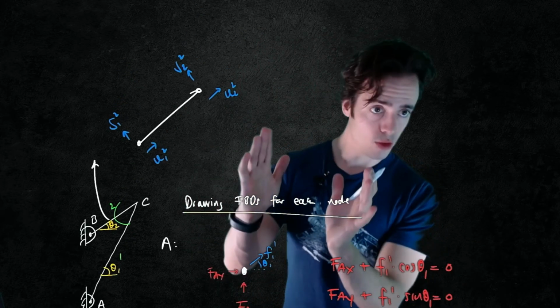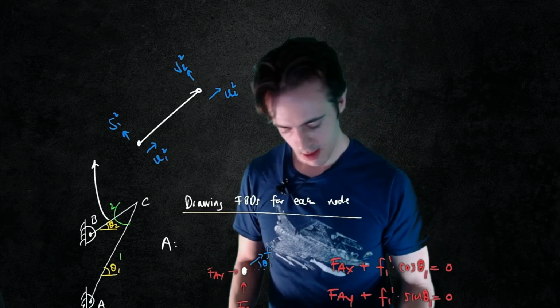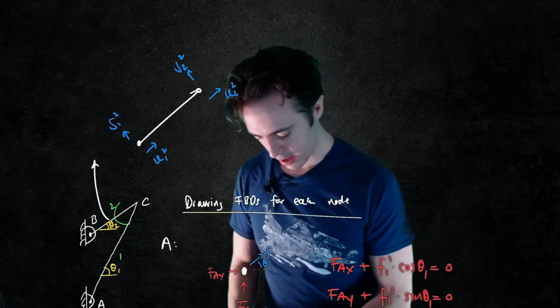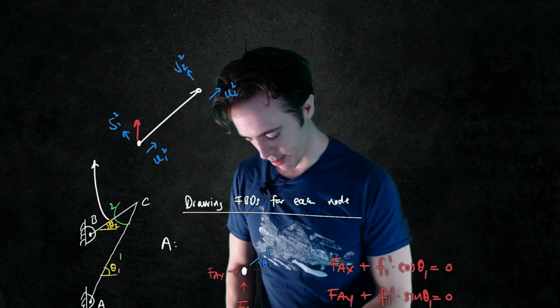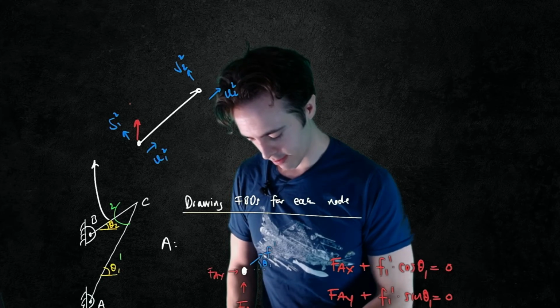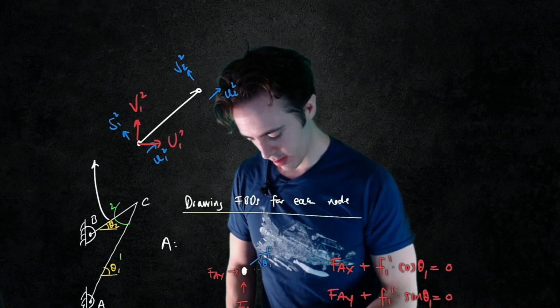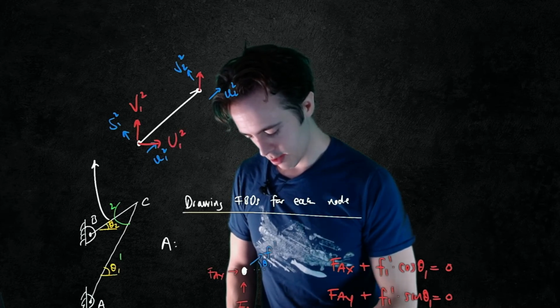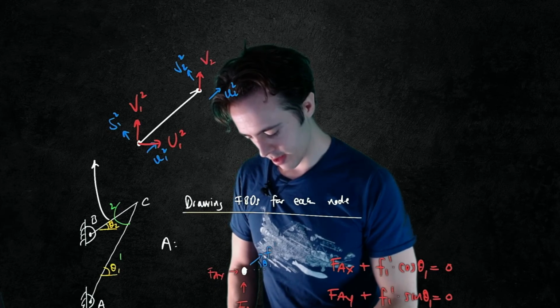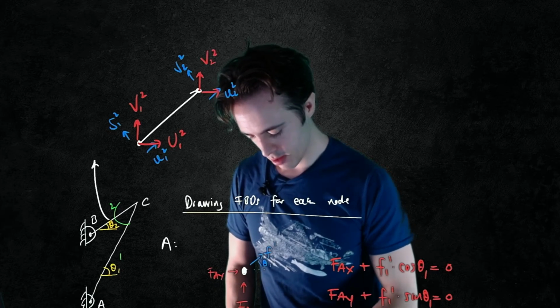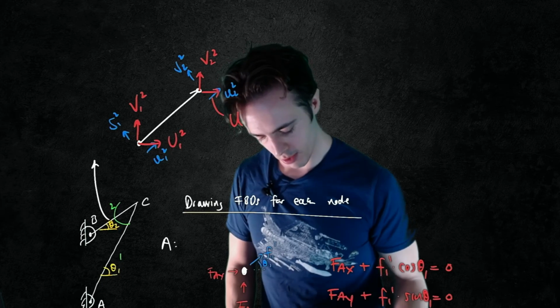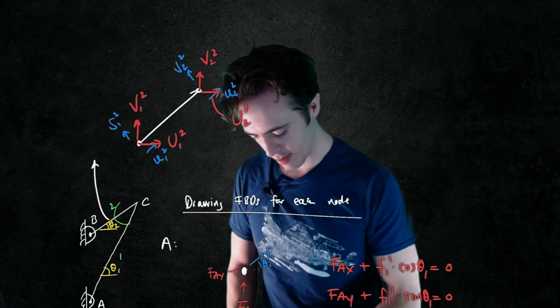We then transform them into those uppercase ones that are aligned with global xy, and I would have, I'm not drawing these to scale, V1 of element 2, U1 of element 2, and up here we would have V2 of element 2, U2 of element 2.